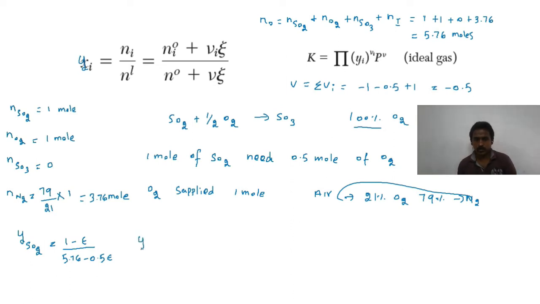Similarly, y_O2 will be (1 mole of O2, with the stoichiometric coefficient 0.5): 1 minus 0.5 epsilon, divided by the same denominator as written here, 5.76 minus 0.5 epsilon. y_SO3 will be epsilon divided by 5.76 minus 0.5 epsilon.